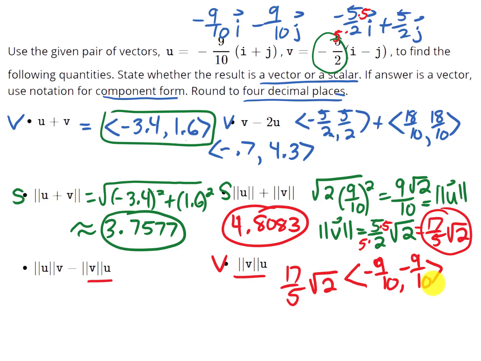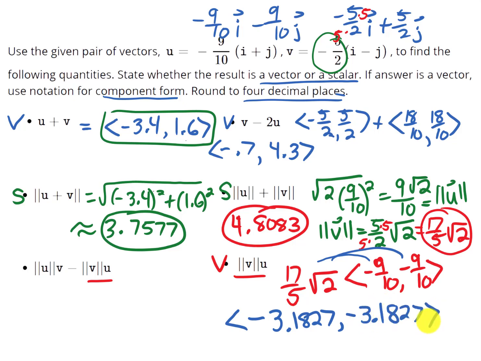So let's go ahead and get that new vector, and we're going to do it component-wise. So we're going to take 17 square roots of 2 divided by 5, and multiply that by the negative 9 tenths, and it looks like I get negative 3.1827, and it's going to give me the same thing for the second component because they're the same thing, so negative 3.1827.